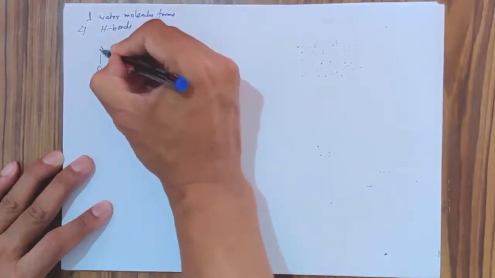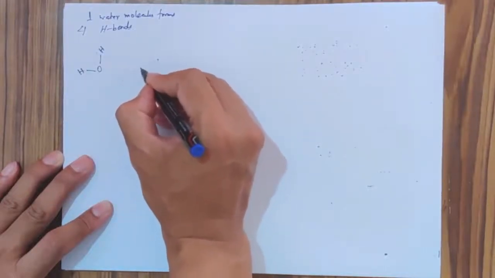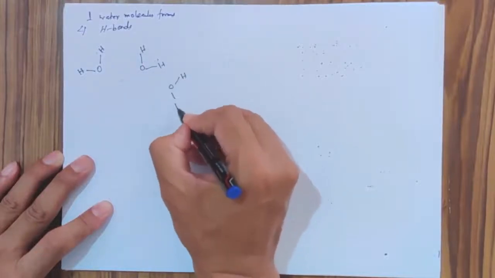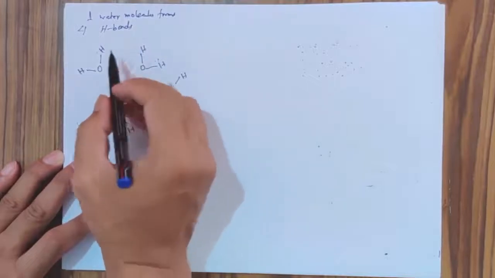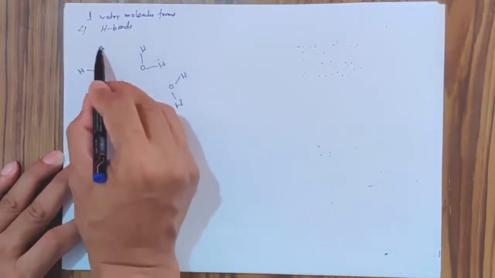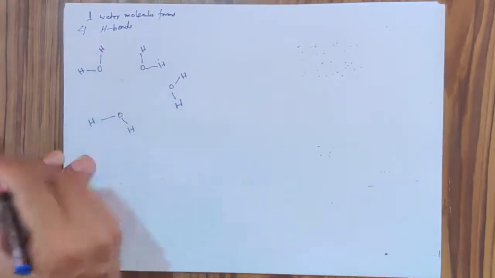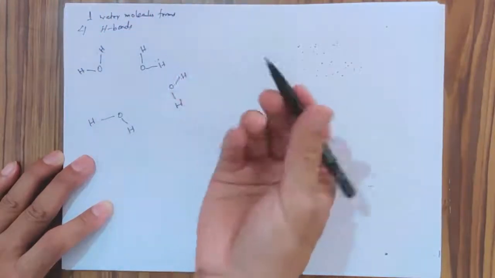The water molecule has a V shape. Hydrogen bonding is that bond which hydrogen forms with any electronegative atom, such as chlorine, oxygen, nitrogen.